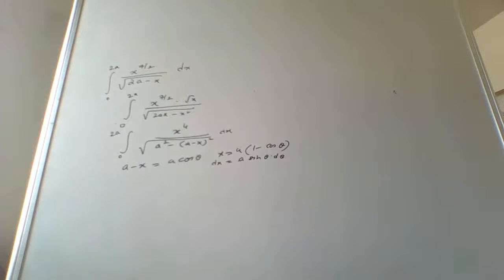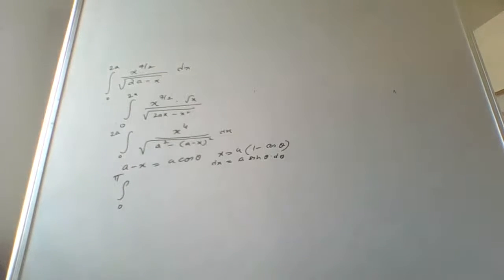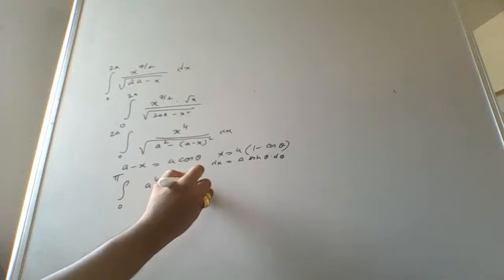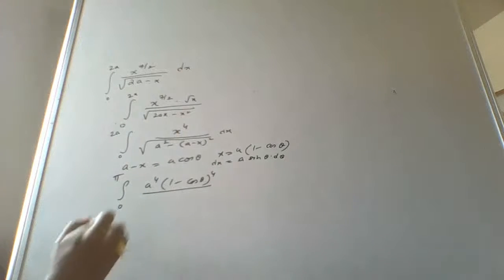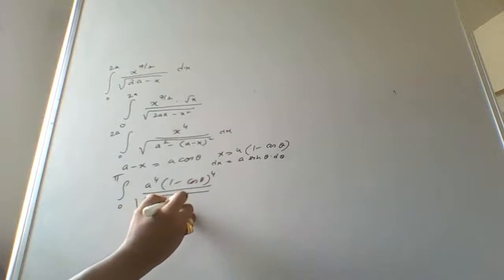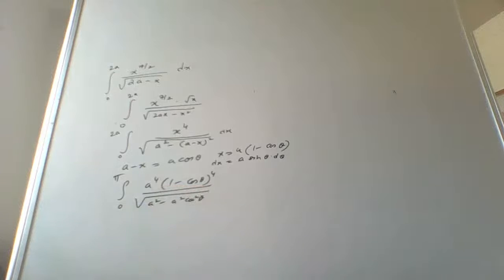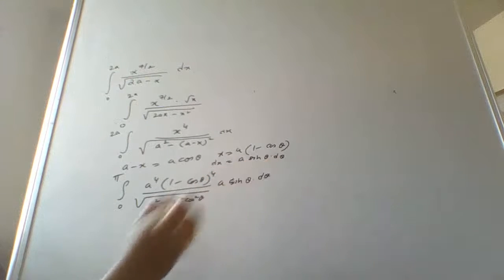Let us put all those things which I have mentioned here, as well as 0 to pi here. So this is a power 4, 1 minus cos theta power 4, was x power 4, right? That's what I've done. Square root of a square minus a minus x, so that is a square cos square theta, and this is a sine theta d theta here.